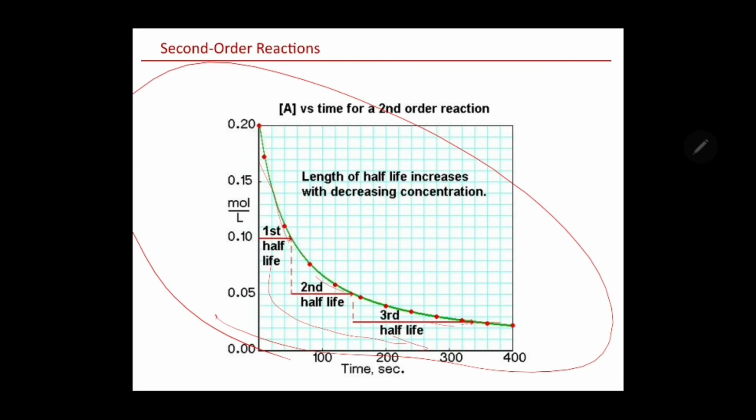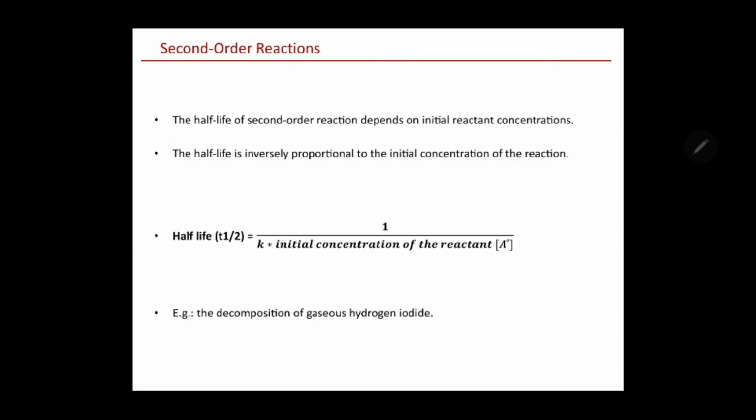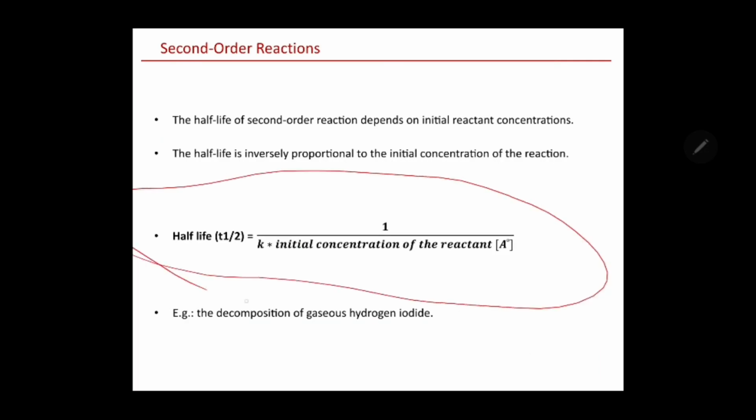So the rate will decrease with time, just like first order reactions, but the half-life will change as well. As you know, in first order reactions, half-life was constant. But here, half-life changes with change in the concentration of the reactants.